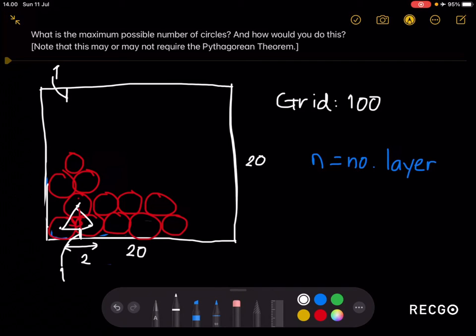So the inequality will be as so. 1 plus 1 will be 2, plus, notice that we're going to have n minus 1 square root of 3's appearing in our arrangement, and we need to set this less than or equal to 20, which is the side length of the square.